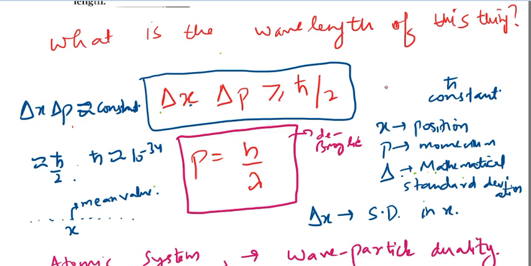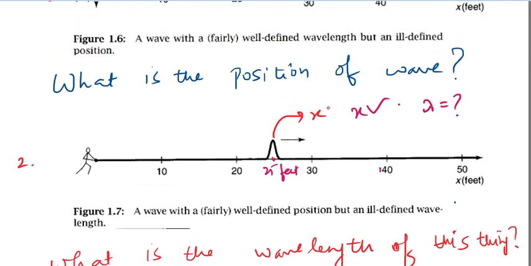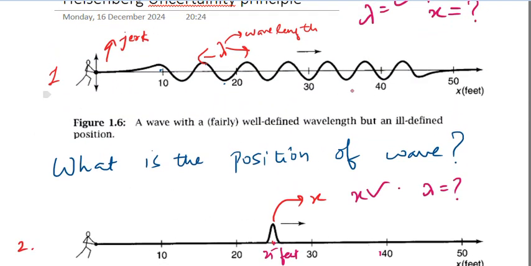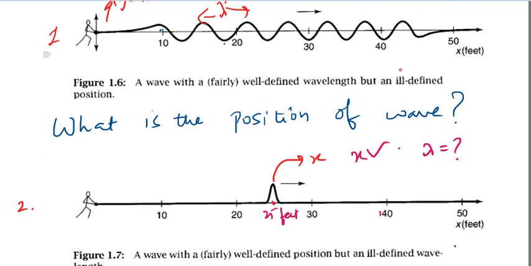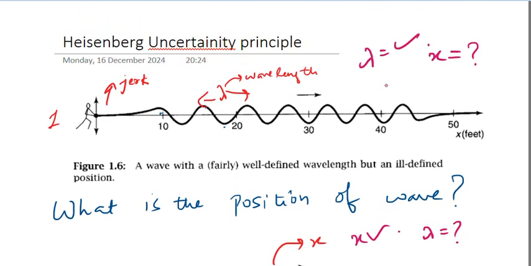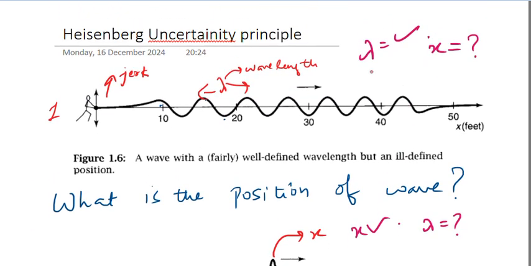So even in this simple picture of a wave being produced by a rope, you can see that knowing position, you don't know about wavelength or momentum, and knowing momentum or wavelength, you don't know about position. The same kind of notion that we see in the Heisenberg uncertainty principle.